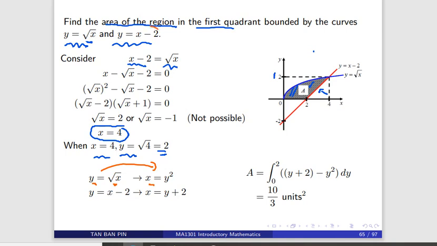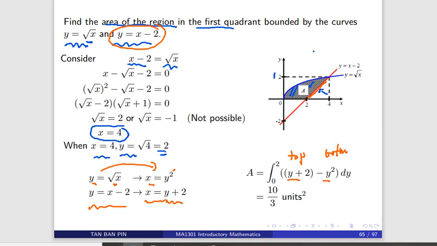Then for the second, the line y equals x minus 2, you make x the subject, so it's the same as x is y plus 2. So the red line is the top curve, which is y plus 2. Then minus the bottom curve, which is the blue curve. x is y squared, so y squared is the bottom.